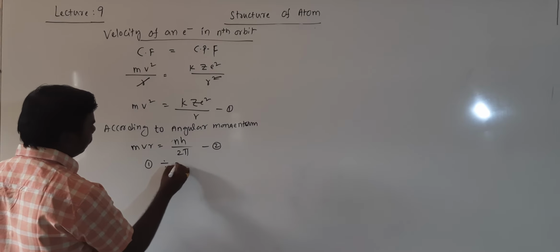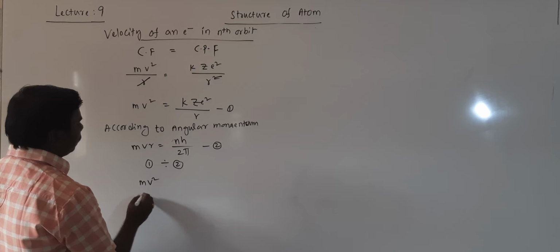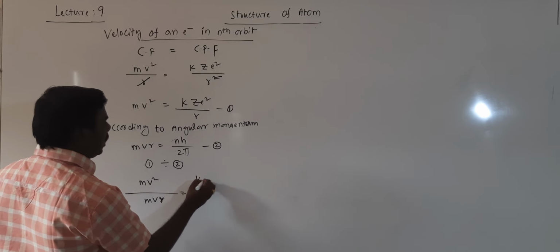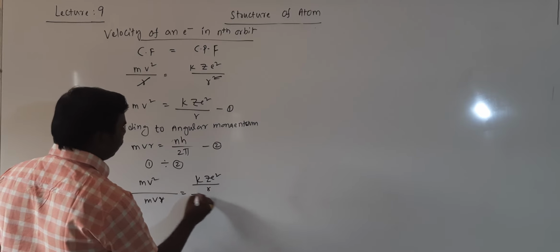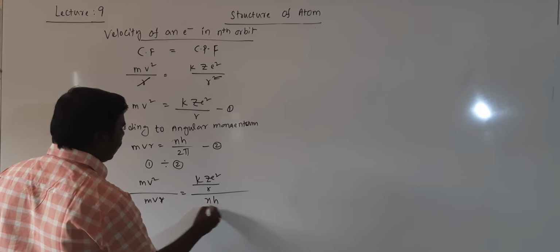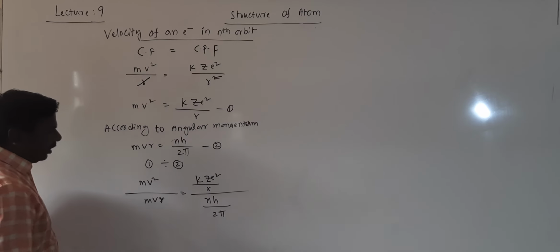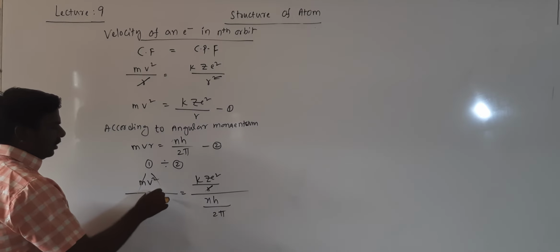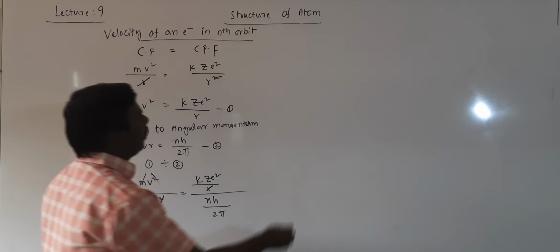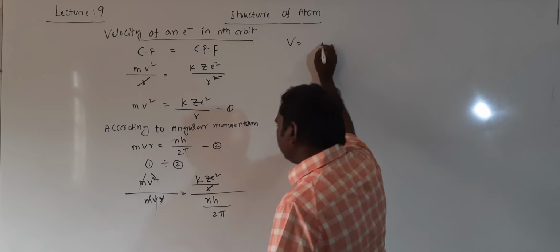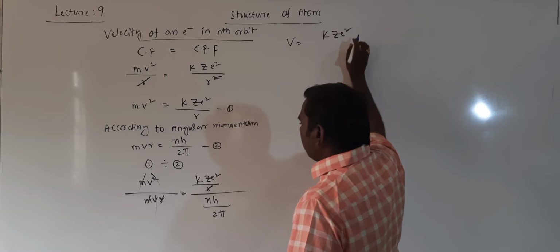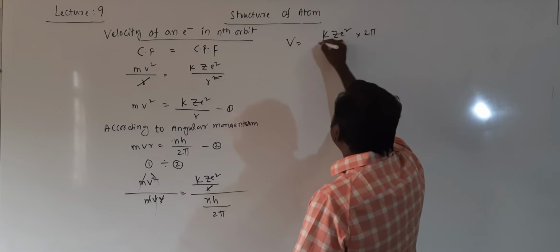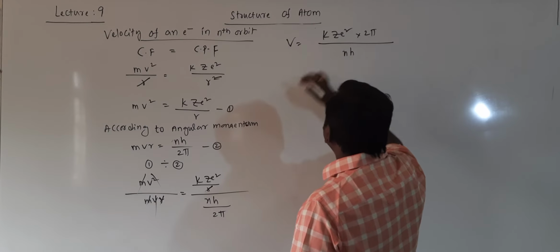If you take mv square by mvr, it is equal to kZe square by r divided by nh by 2 pi. m cancels, r cancels, v square and v cancel. Then the formula is v equals kZe square, and 2 pi is shifted to the top, divided by nh.